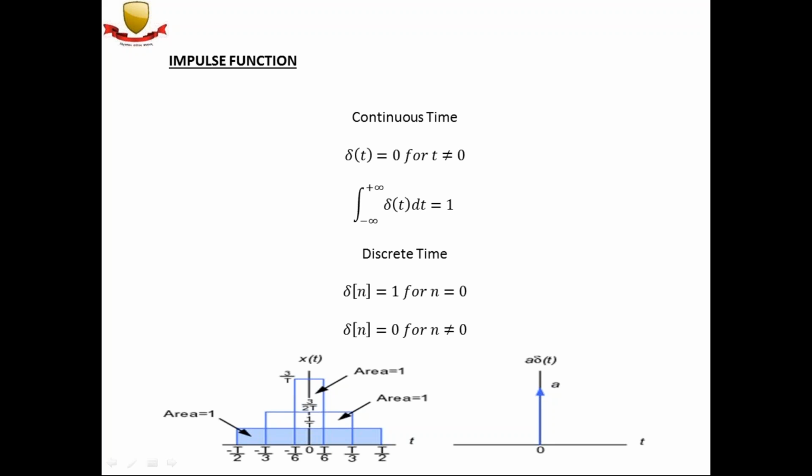The impulse function is basically zero everywhere except at the origin, and it is also called the Dirac delta function. Whenever we speak about the impulse function, we are saying its strength is unity. And remember that the unit impulse function is an even function of time t.